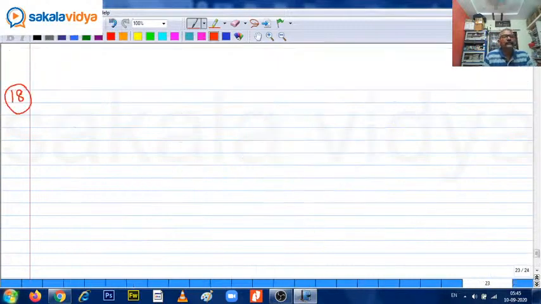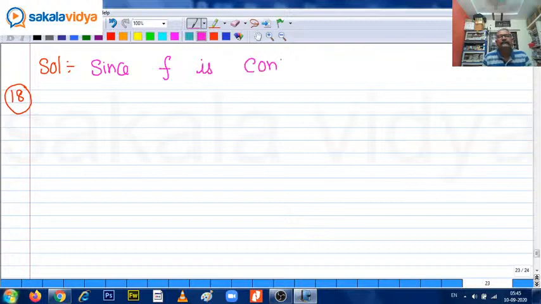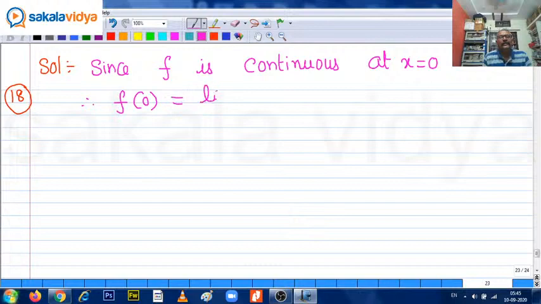So 18th solution. Here, since f is continuous at x equal to 0, therefore f of 0 must be equal to limit x tends to 0 of f of x.